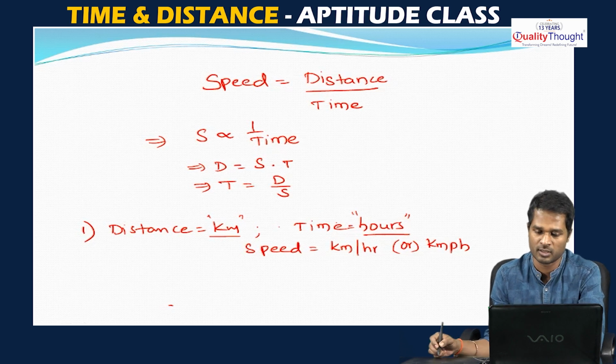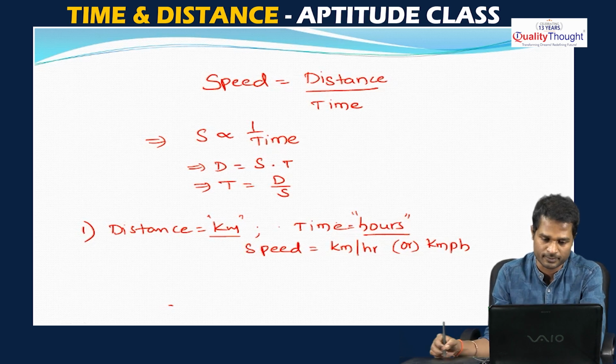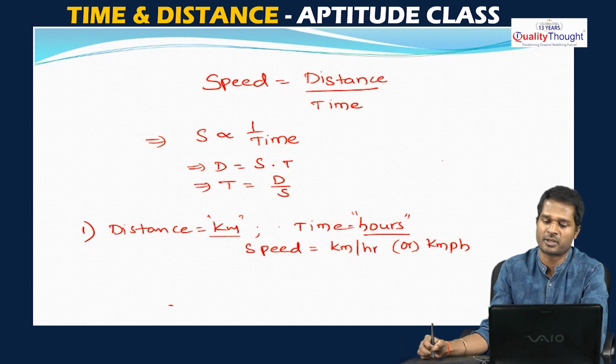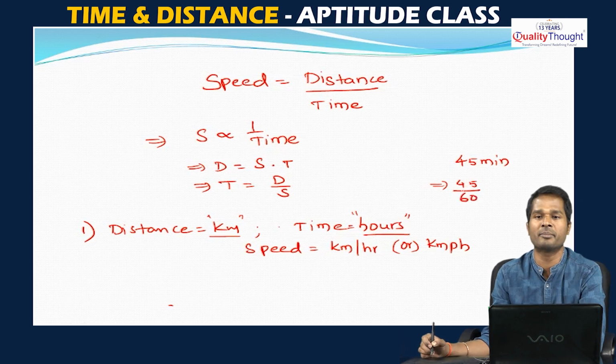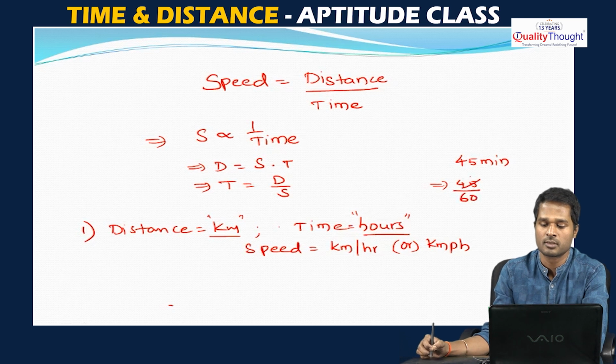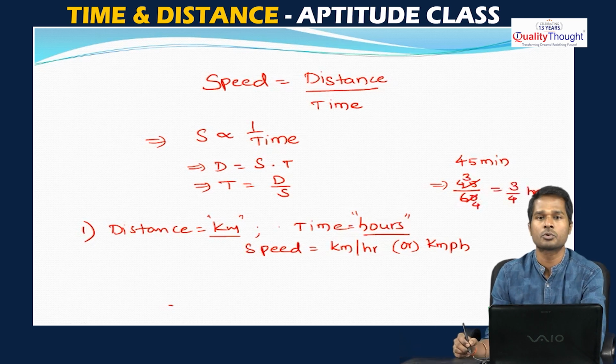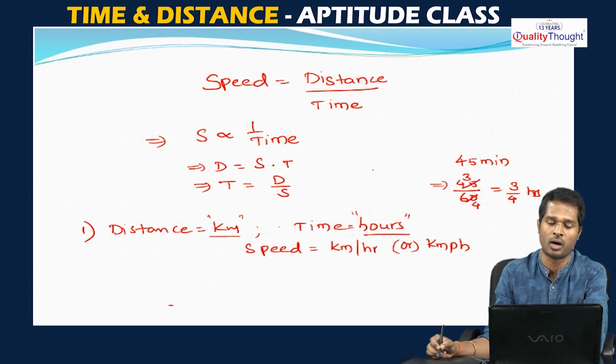For example, if he has given 45 minutes, how will we convert these 45 minutes into hours? Any minutes will be divided by 60 to get them into hours. Try to cancel the things: 15 3s are 45, 15 4s are 60. So 45 minutes is nothing but 3 by 4 hours. This is how we convert minutes into hours.